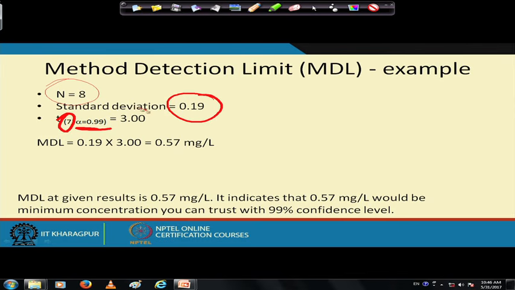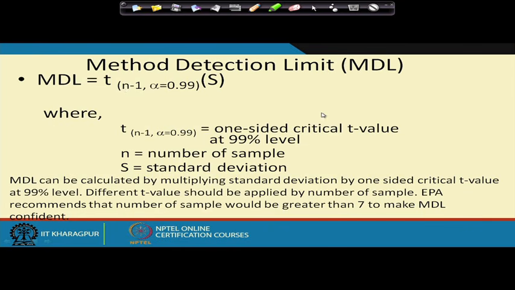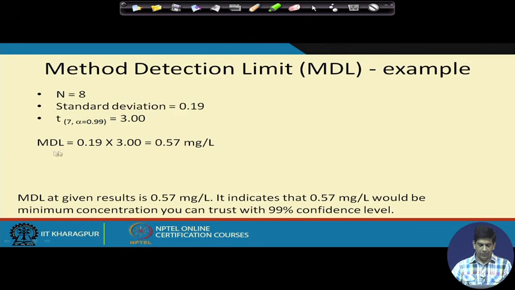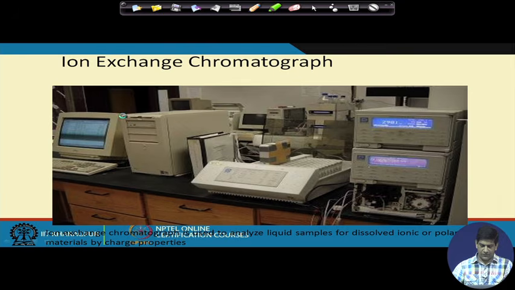If you go and look at a T table from any statistics book, the value is 3. Remember the formula I showed you in the previous slide, T with n minus 1 and alpha. This value we got from the T table, times the standard deviation. So this T value is 3, we got it from here.